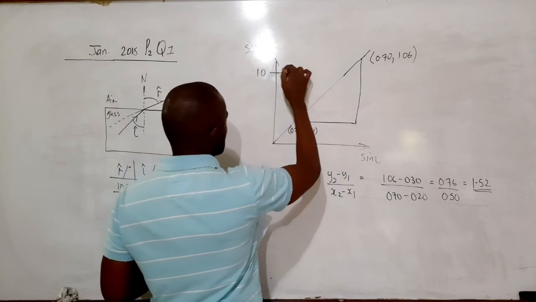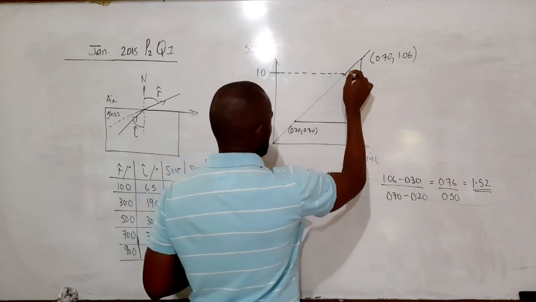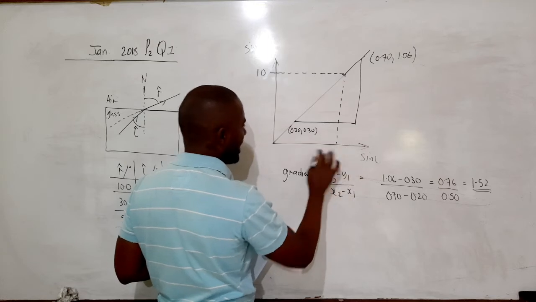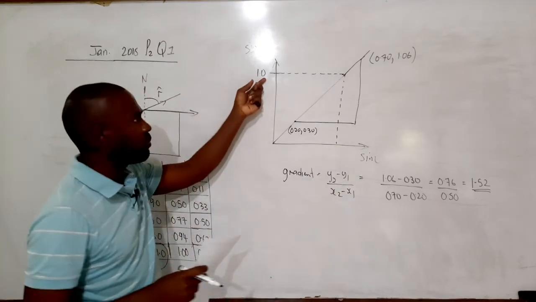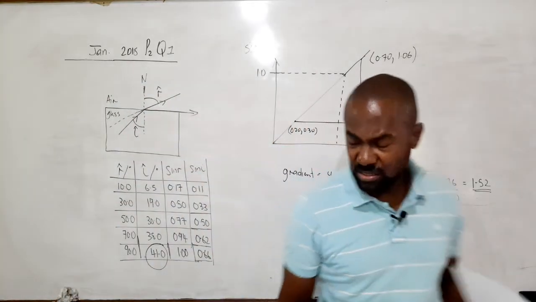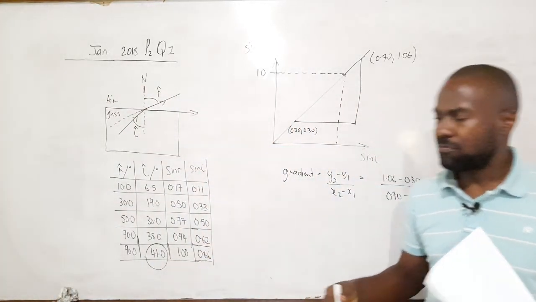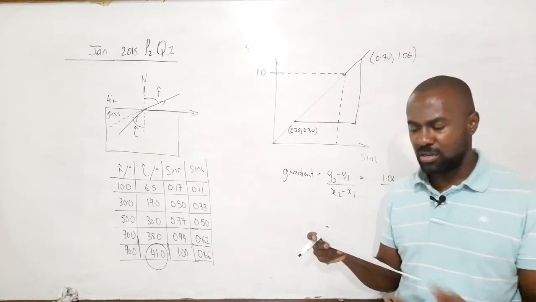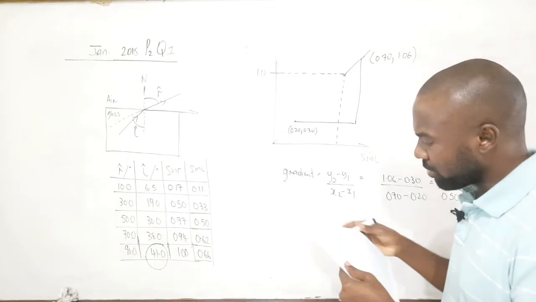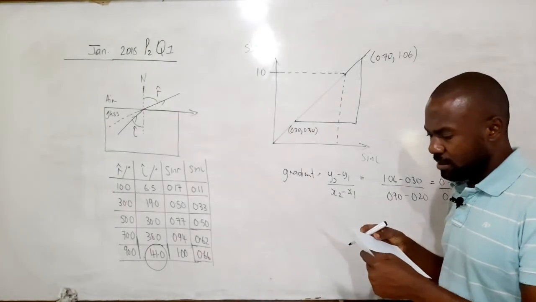We then go across to our line and we drop a vertical and we simply locate the value of sine I, which corresponds to 1.0, right? So looking at my graph, well, obviously we have it in the table, but as I said before, if we did not have it in the table, we could have actually done it from the graph. So locate the value of 1.0 and locate the value of sine I on the graph.